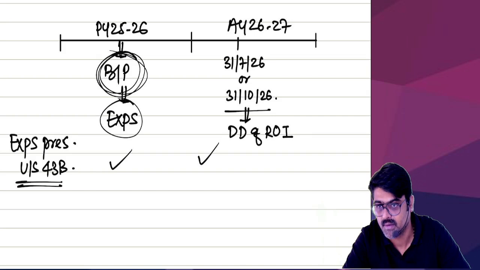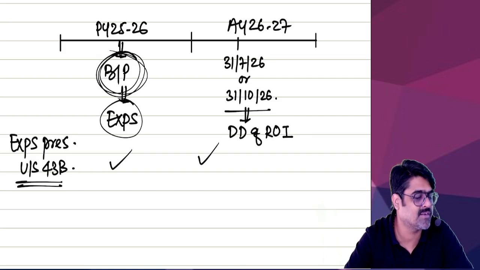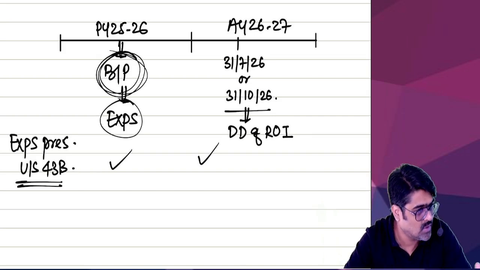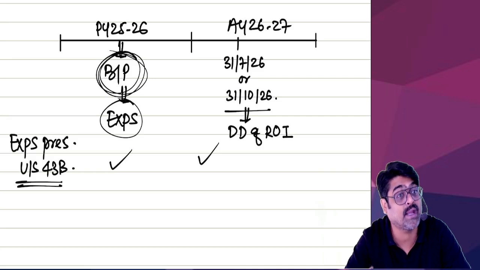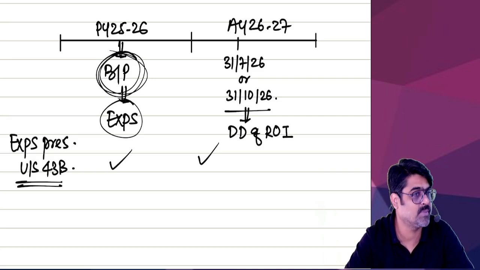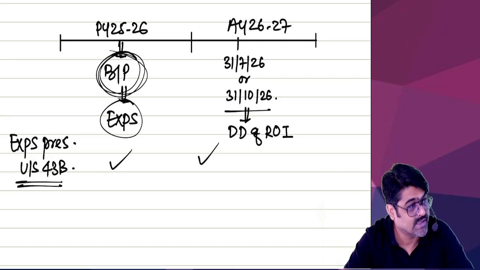Will you remember? So how many such expenses are there? We are going to see all those expenses in 43B. But among all those expenses, one expense is taxes, duties, cess related to your business or profession.